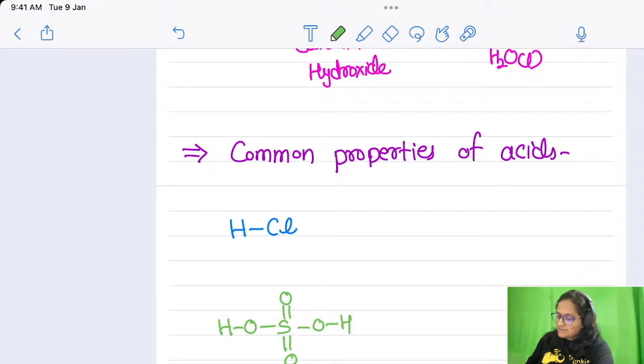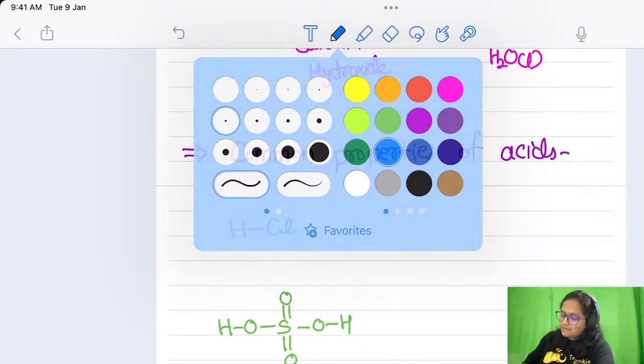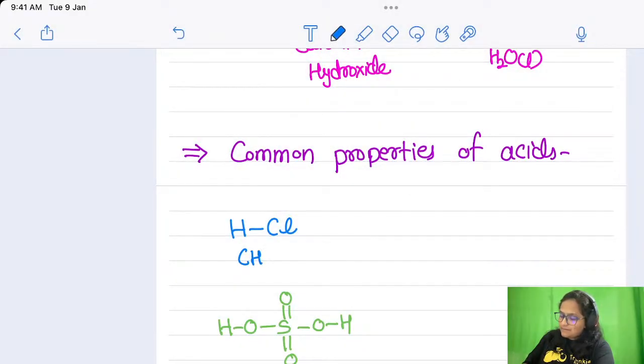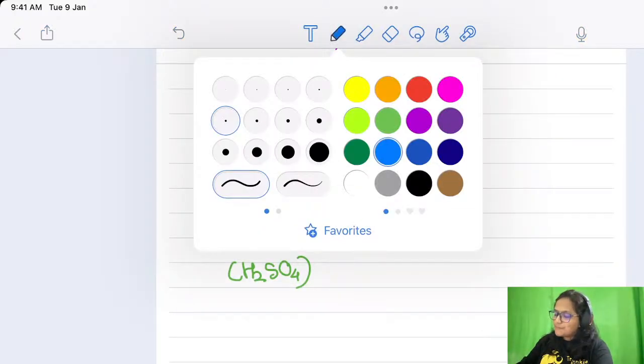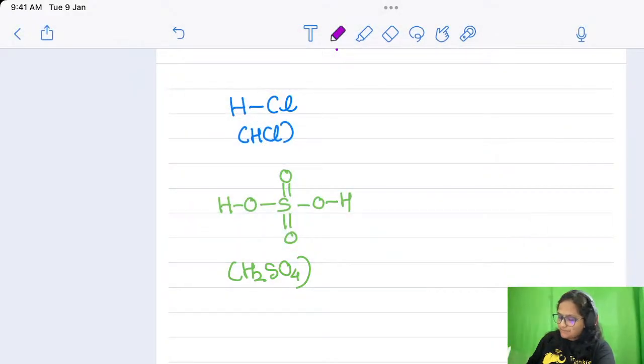Okay, this inside the bracket I'll write down because its structure is different. Okay, and this is HCl. And then third acid I'll write down for comparison. And that is HNO3.